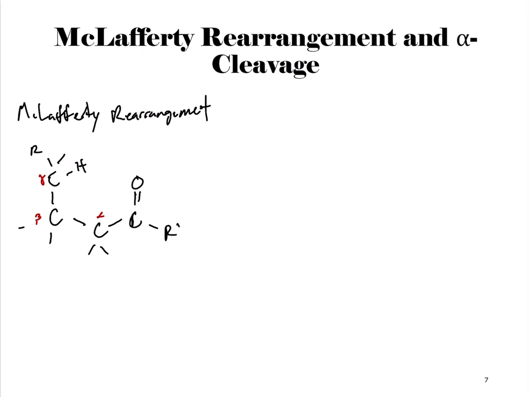And we get a rearrangement of this hydrogen on the gamma carbon that then forms an alcohol with the ketone. So we're going to have the carbonyl bond rearranging here from the carbonyl carbon, and then we get cleavage between the beta and the alpha carbon here.